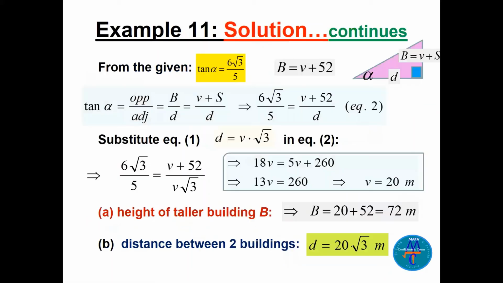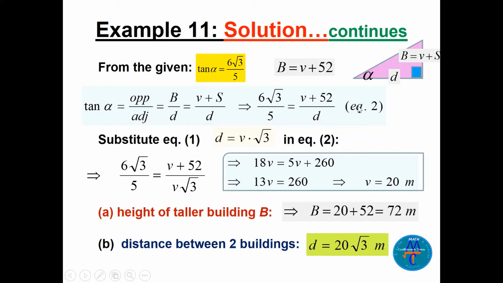So we say tan alpha, this is given 6 root of 3 divided by 5, will be the opposite, capital B, all this, divided by D. We know capital B is V plus S. S is 52. So tan alpha, which is 6 square root of 3 divided by 5, is equal to V plus 52 divided by D.